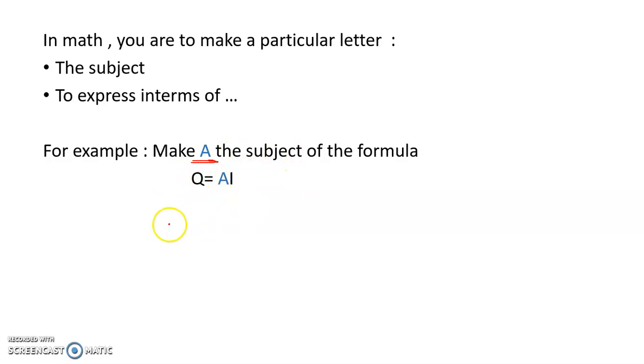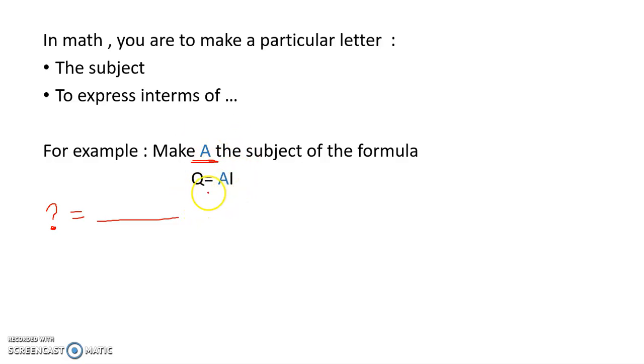Q equals AI. Making the subject, you can also say it's making it equal to the rest of the formula. So how do we go about making A the subject of the formula?